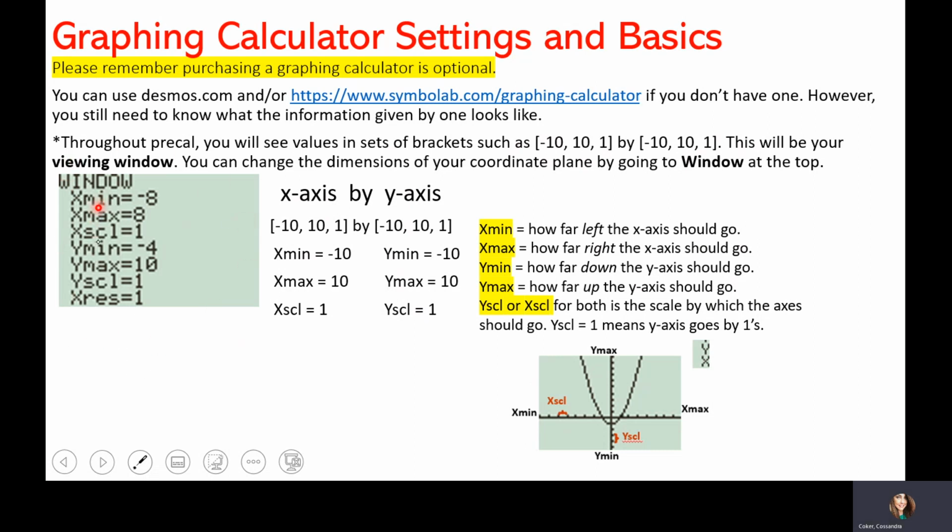It'll always have X min, X max, X scale, and we don't really ever worry about X res. You have some homework problems in this set that give you a table of values, and that's what we're going to look at next.